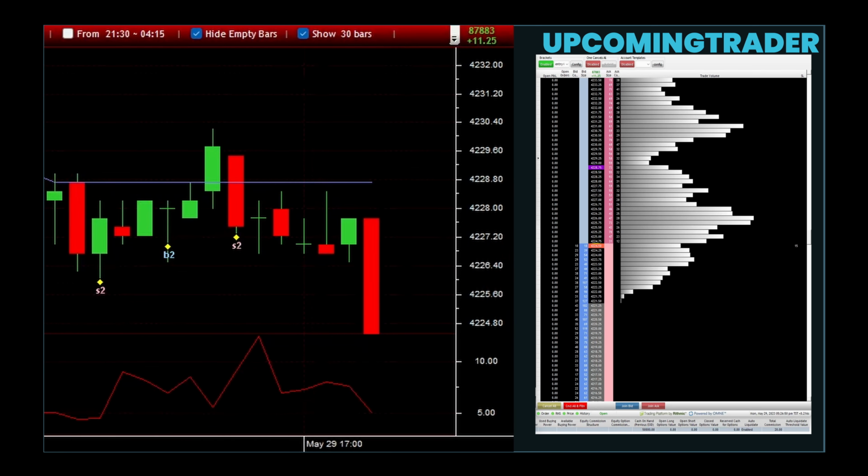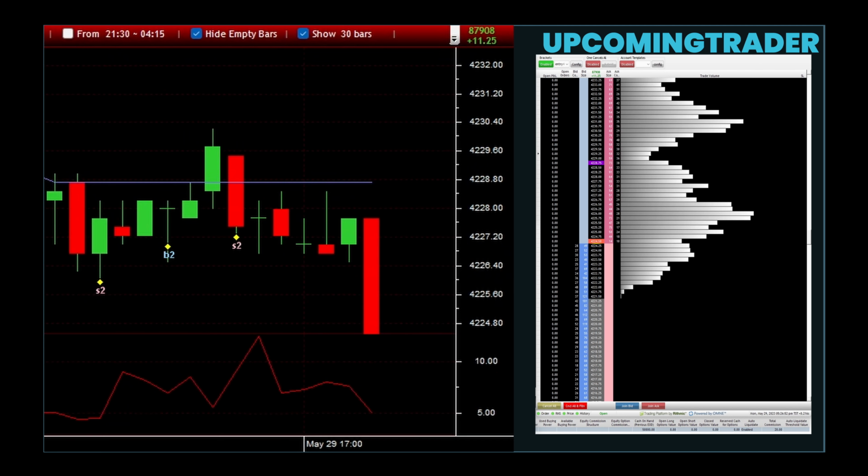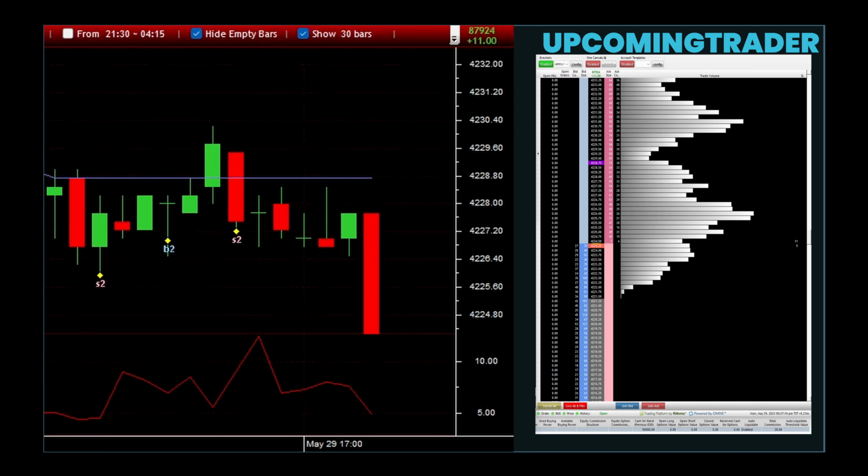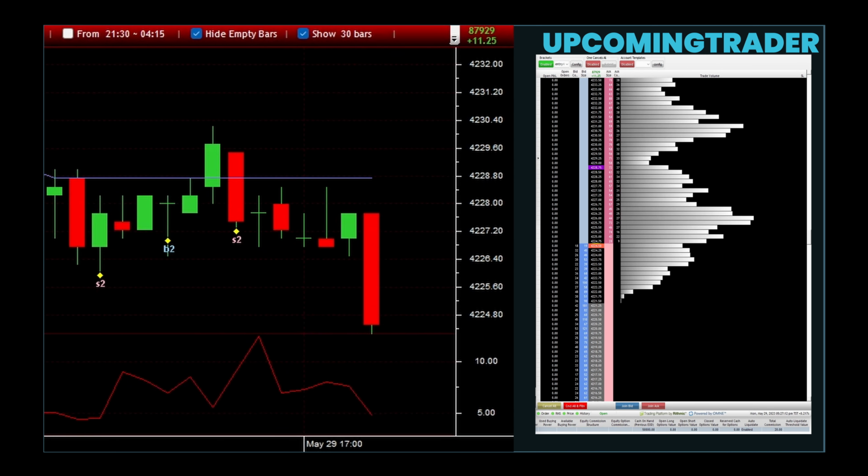When price approaches this area, it tends to either fill the gap or react strongly, making it a significant point of interest for traders looking for support or resistance levels. Understanding the double distribution profile can help traders anticipate potential continuation or reversal points and plan their trades accordingly.